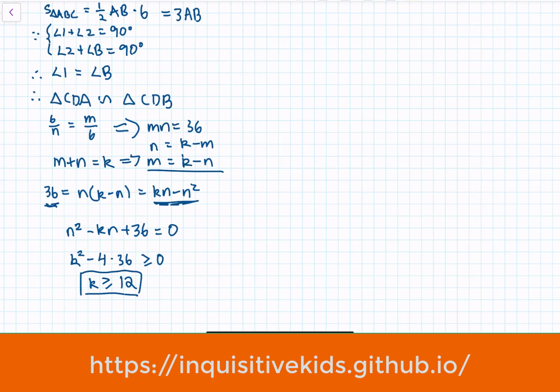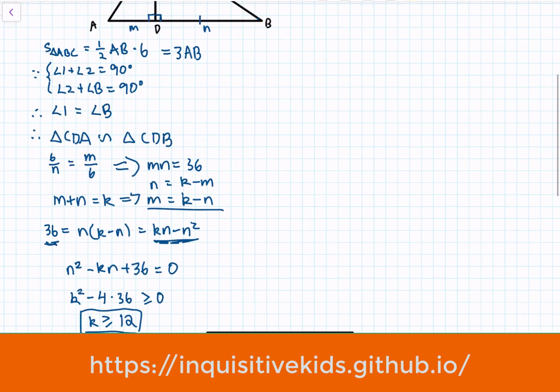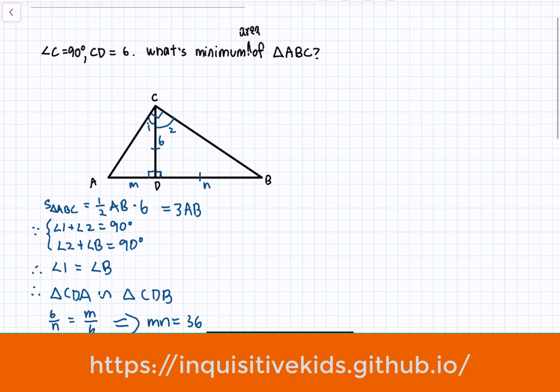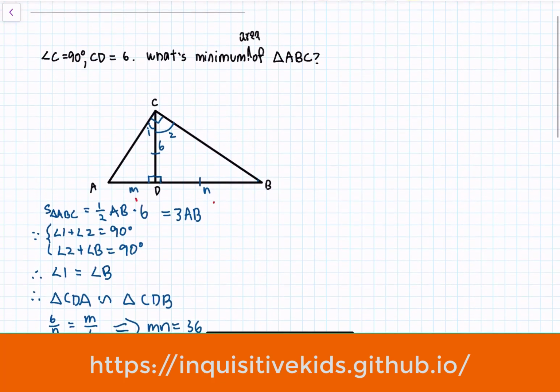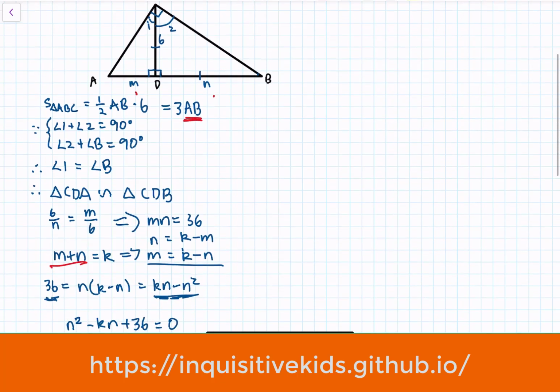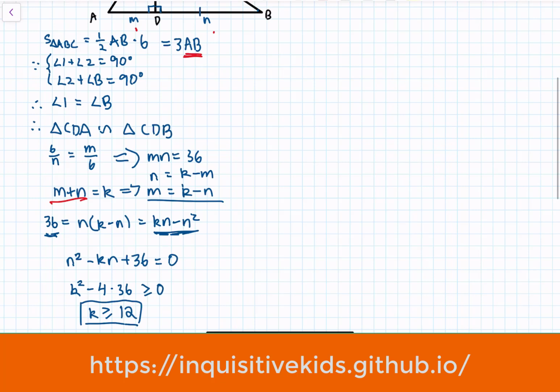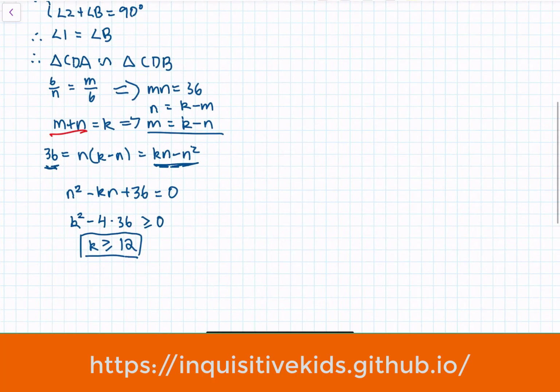Now let's go back and see what K really represents. Before, we said that K is equal to m plus n. And when we look at our graph, we see that m plus n is the same thing as the length of AB. So if we know that K is the same thing as AB, we can say AB has a minimum value of 12.